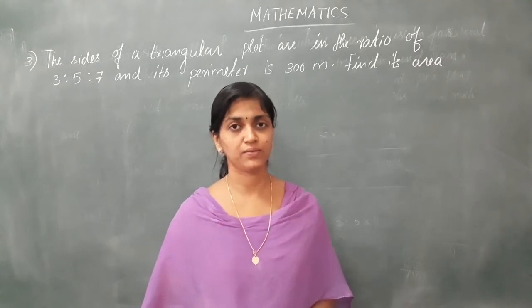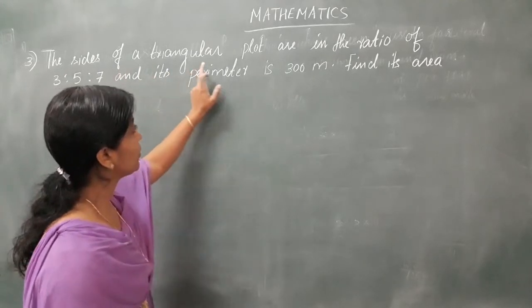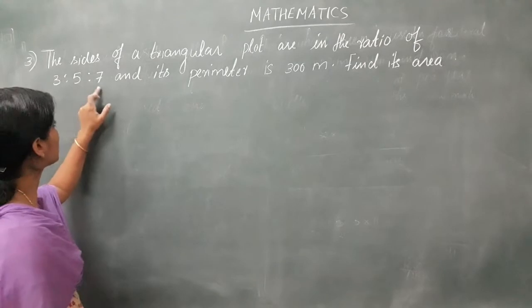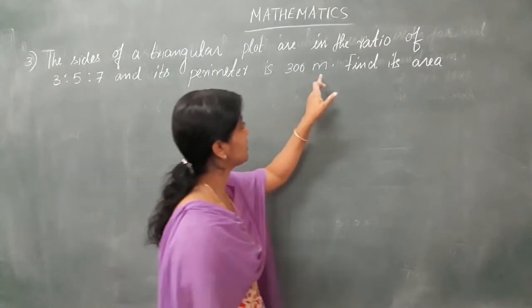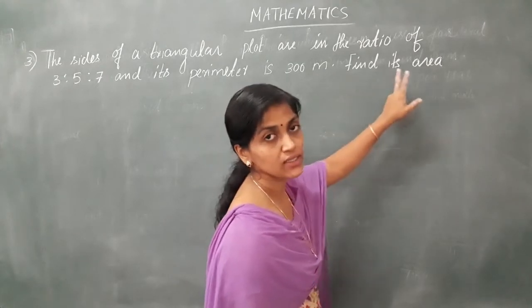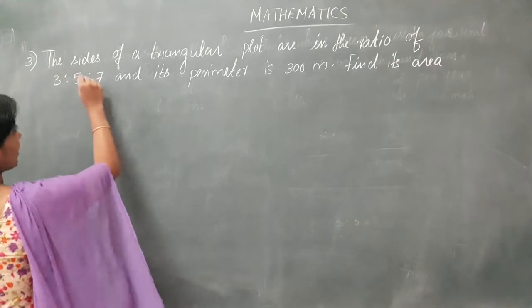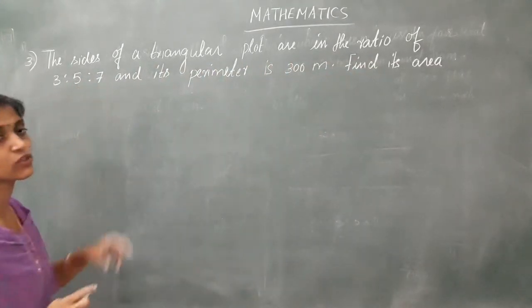Next question. The sides of a triangular plot are in the ratio of 3:5:7 and its perimeter is 300 meter. Find its area. Clear? So the sides of a triangular plot are in the ratio of 3:5:7.